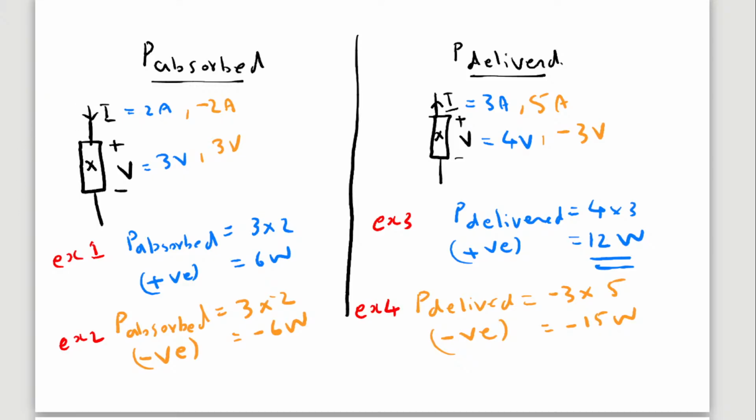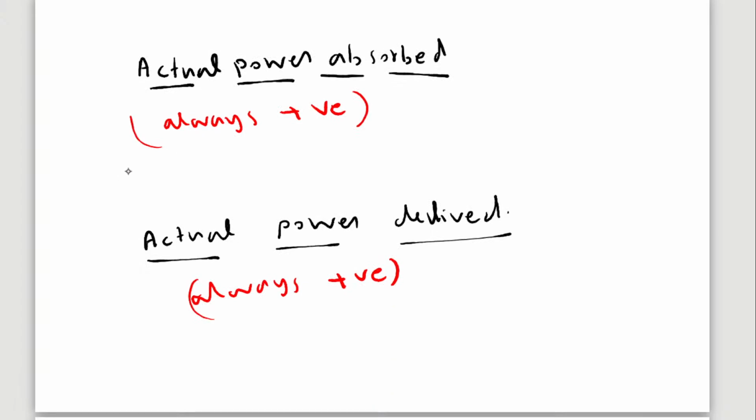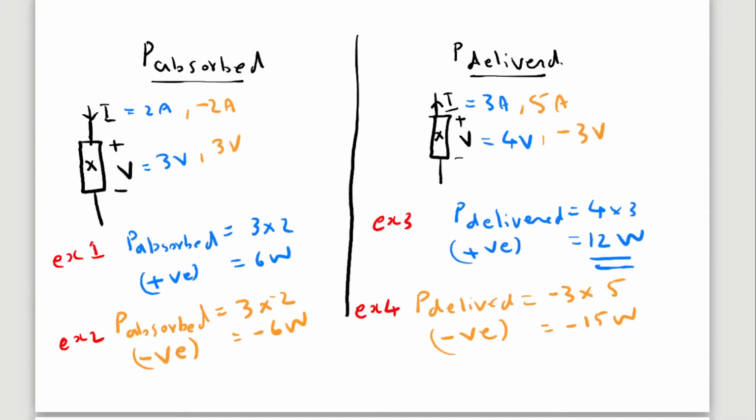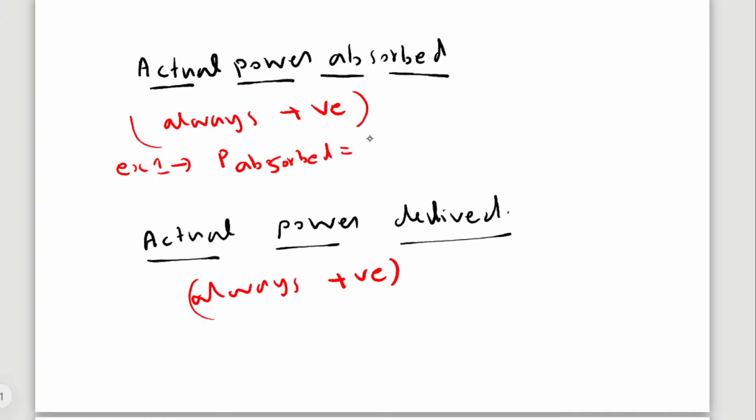In example 1, the power absorbed is equal to 6 watt. Then in example 2, the power absorbed is equal to minus 6 watt.